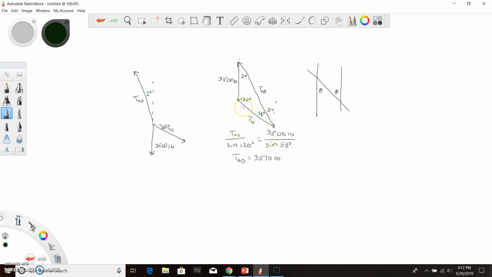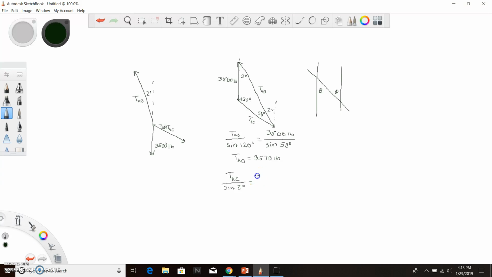Okay, so I'm going to use the same force triangle here, and I'm going to find TAC. Okay, so I'm going to start with TAC since that's what I'm trying to solve for. So let's do TAC over the sine of its opposite angle. TAC, sine of its opposite angle, if we're not sure. Let's see, it touches that angle and that angle, so it's got to be the sine of 2. Is going to equal, and I can just use the same one if I want to, the 3,500 pounds over the sine of 58.